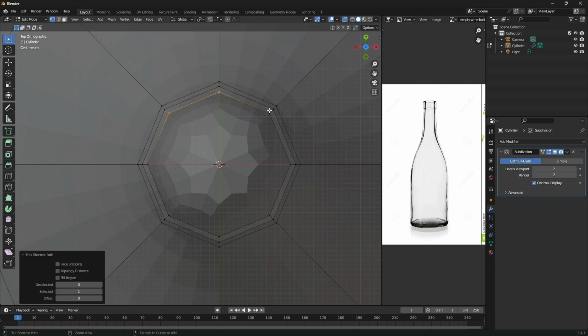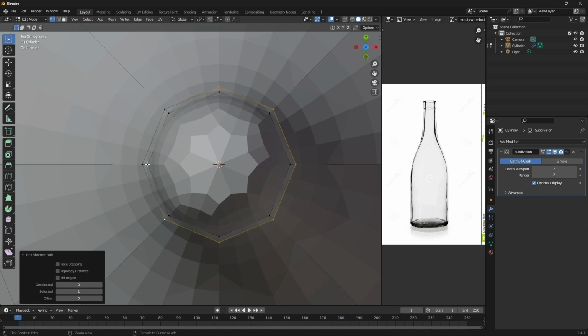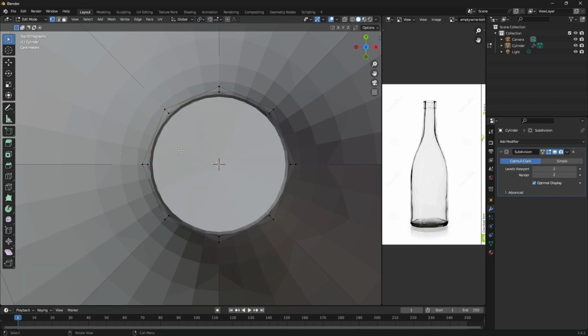So I'm going to select these vertices. That's not quite what I want. Let me turn off X-ray. There we go. So this whole face is selected. I'm going to delete it. Delete just the face. And you can see that now the top is open.